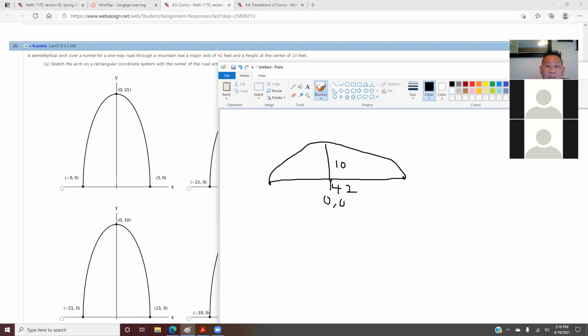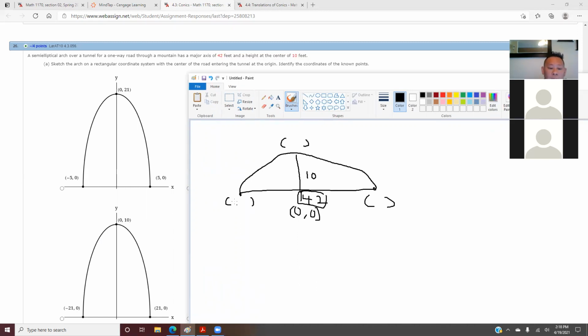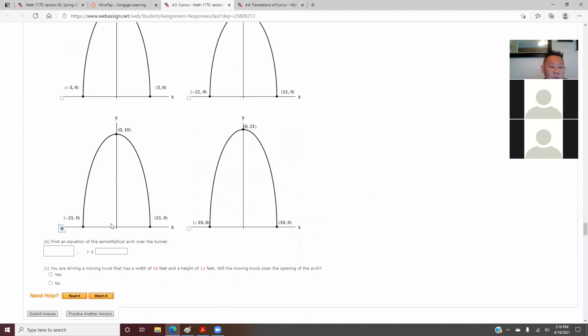If your center is at 0, 0, and the length for this is 42, what are the coordinates for this, and this? -21, 0, 21, 0, and 0, 10. Yep. So you just divide 42 by half, so you get 21 each, and one is negative. So your graph will be this graph. You got 21s, negative and positive, and 10 on top.